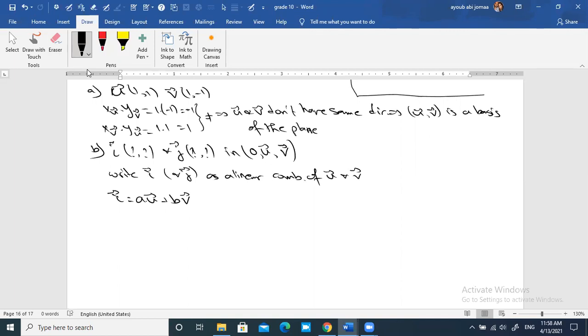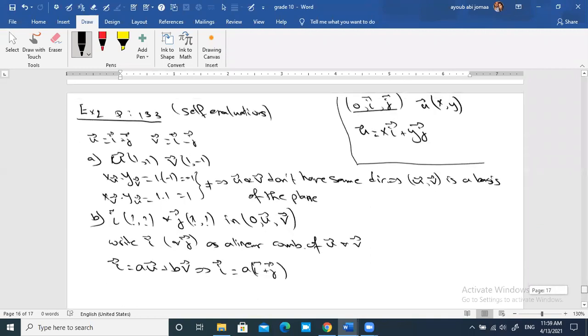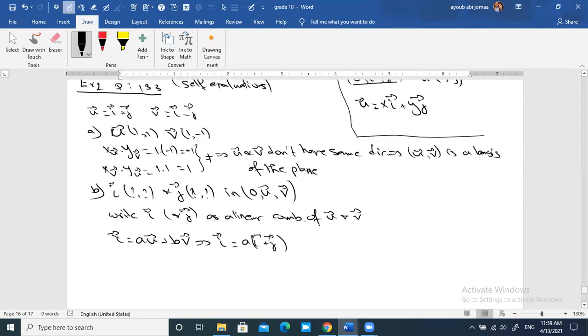Replace u and v by their values. This means that i is equal to a times vector u, which is i plus j, plus b times vector v, which is i minus j. Expand and simplify.